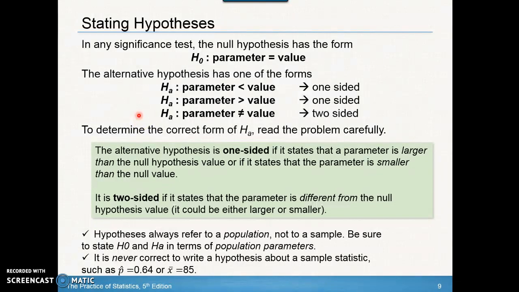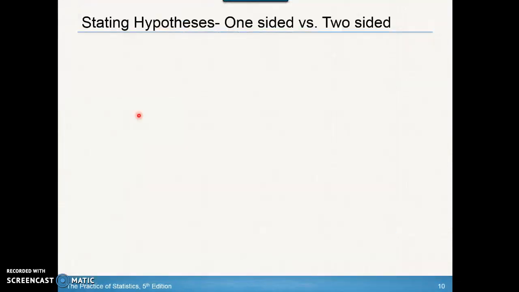Statisticians, scientists, and researchers always come up with a null and alternative before they take the sample. They do not base the null and alternative on the sample. They make the claim, make the alternative, and then take a sample to see if their alternative is true. So be really careful with that.